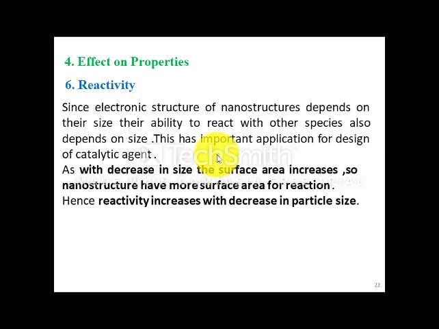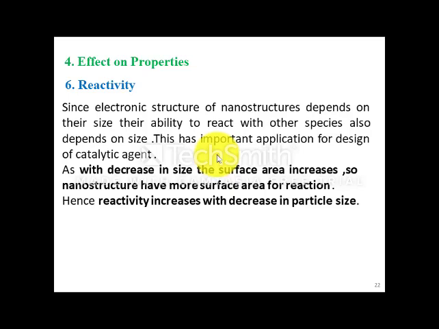It is very similar to the catalysis where we have discussed that as the size decreases, the material will have more surface which is exposed to the other reactants.